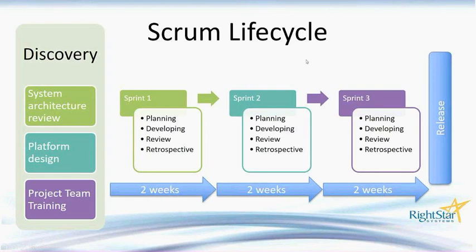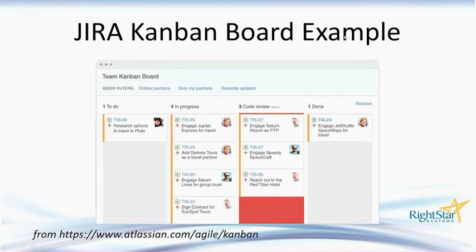Similar to Scrum, we have this concept of Kanban. Kanban is actually just a set of requirements or work in progress. So you see here, for example, this is a screenshot taken from Jira. We are an Atlassian partner and work on these projects to implement Jira.